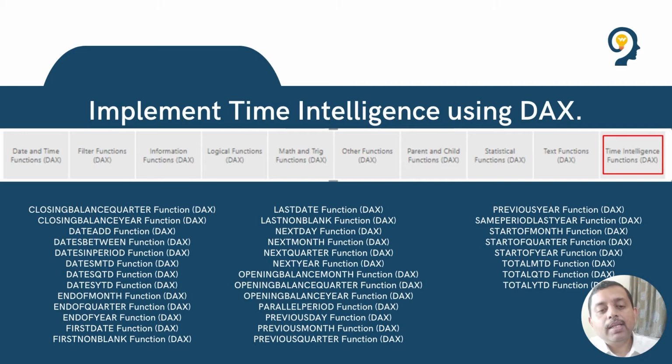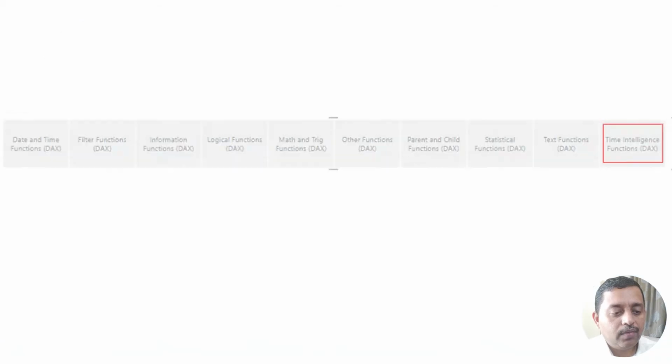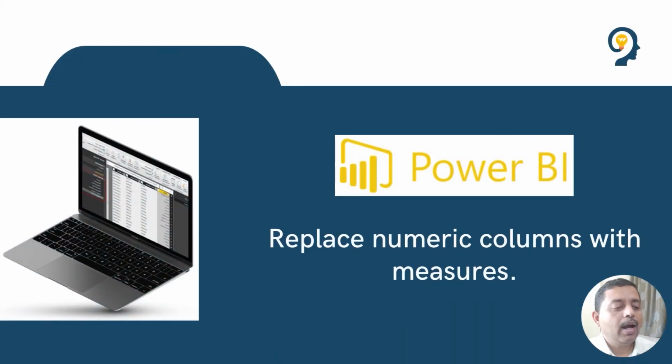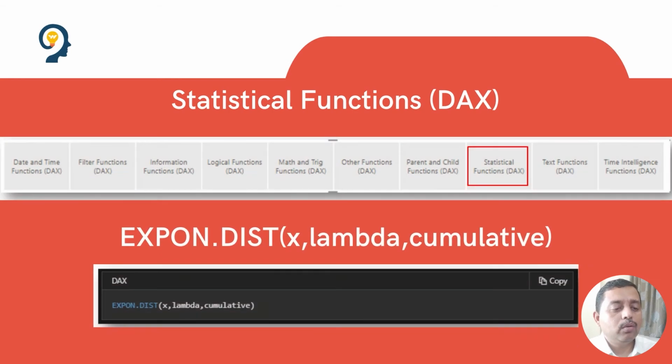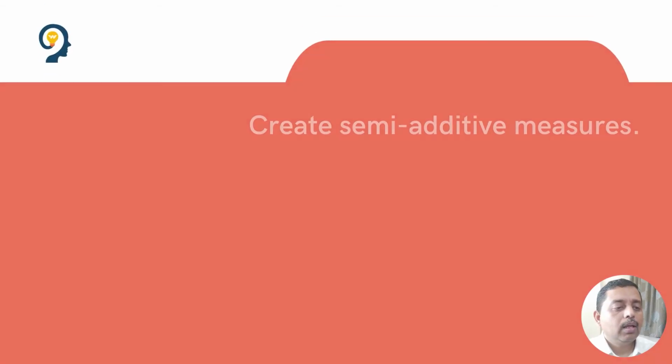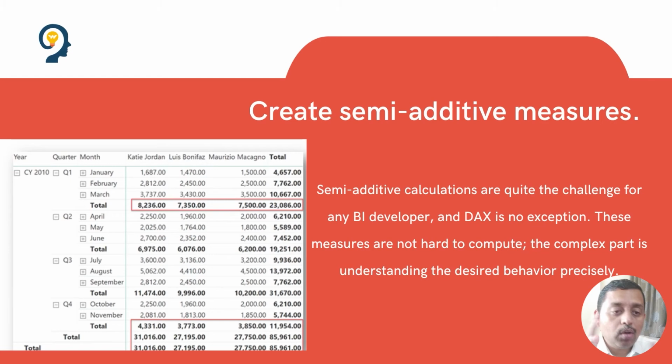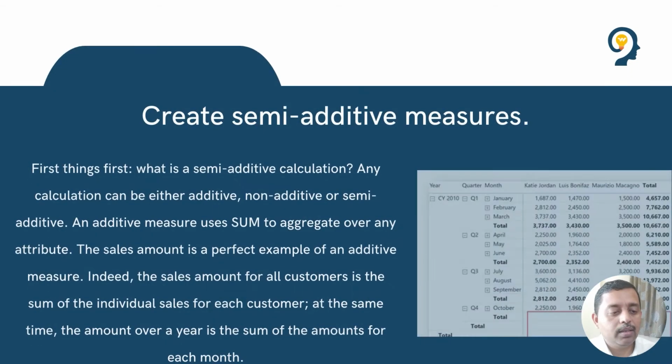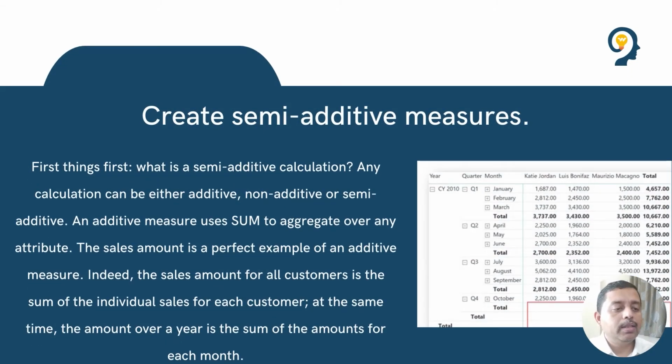So we will see some of the examples related to time intelligence functions, and how do we replace the numeric columns with the measures, that also we are going to see. So this will also have an impact on the semi-additive measures that we are making in terms of subtotals and totals and other things also. So we will learn these things in our example.